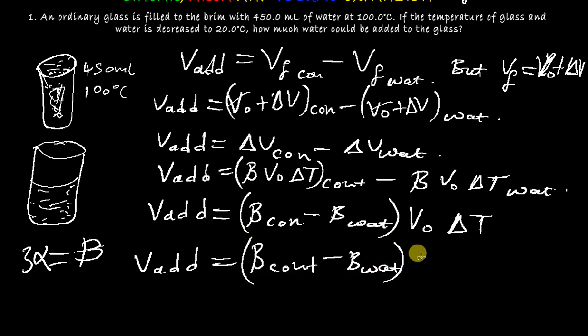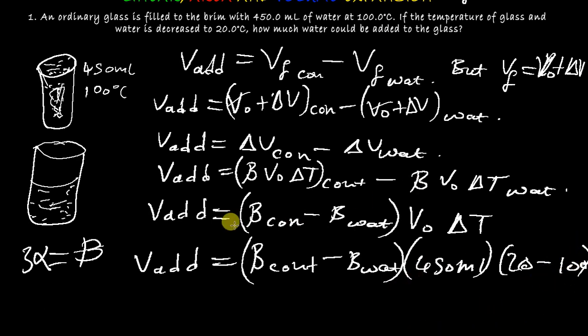And then the volume has been given to be 450 mils, and then the change in temperature will be the final temperature minus the initial temperature. The final temperature was 20 degrees minus 100 degrees, that was the initial temperature.